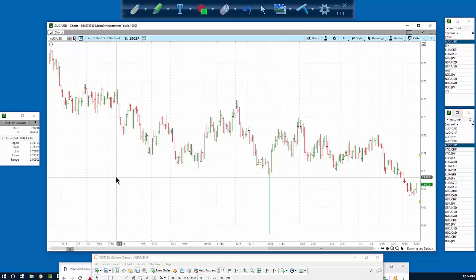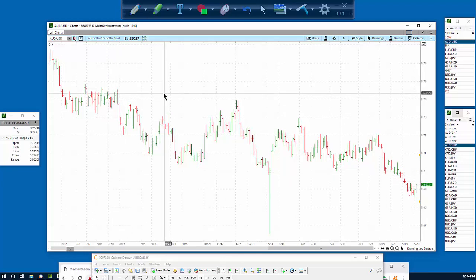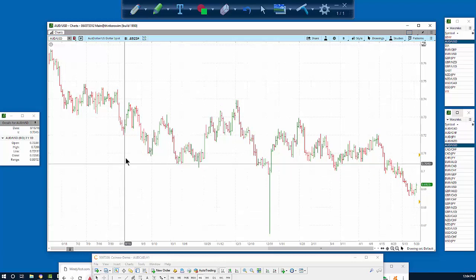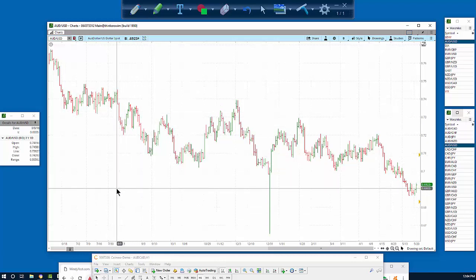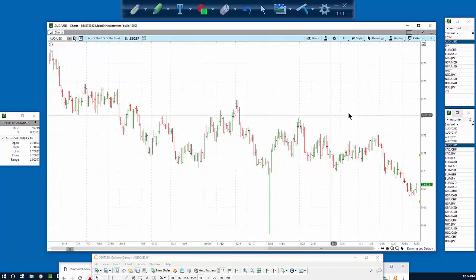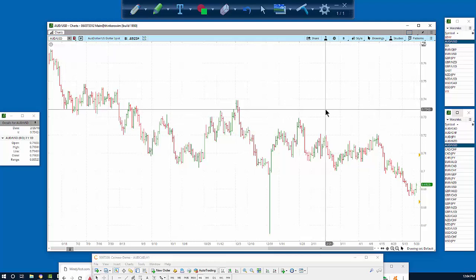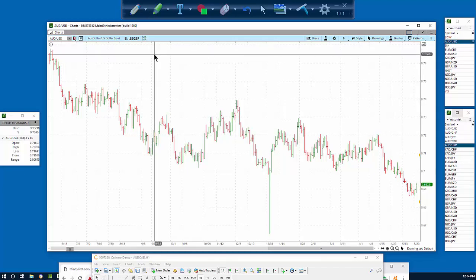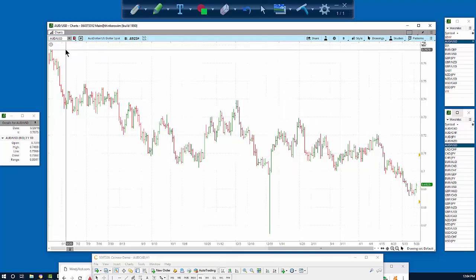And so when stocks get on a momentum, they'll have a little bit of chunkiness to them, but they'll pretty much go up or down for extended periods of time. But with Forex, we're not dealing with just one entity. We're always dealing with a pair of things, right? Like in this case, we're trading the AUD-USD currency pair.